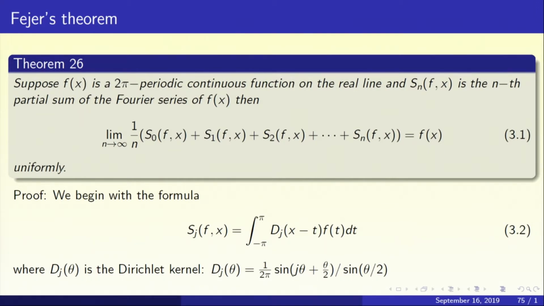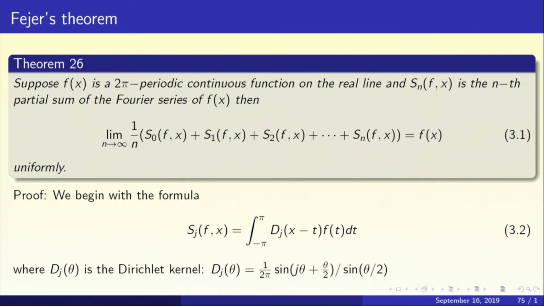Okay. We begin by the formula for the jth partial sum of the Fourier series. Remember, what is the jth partial sum? We got an integral expression for the jth partial sum in the first module. The Sj f x is integral minus pi to pi Dj of x minus t f of t dt, where what is my Dj?